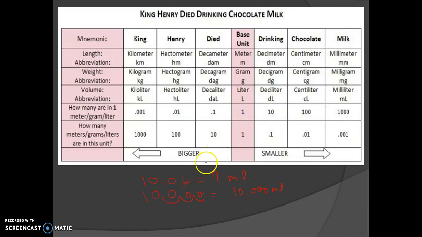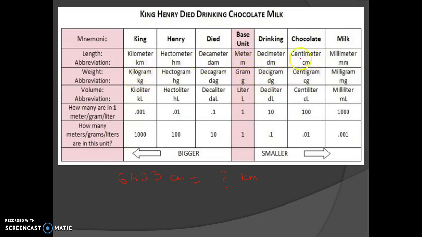So let's take another example for our understanding. Suppose you're going to convert 6423 centimeters to how many kilometers. So let's see, where is centimeter? Centimeter is right here and kilometer is all the way up at the other corner.